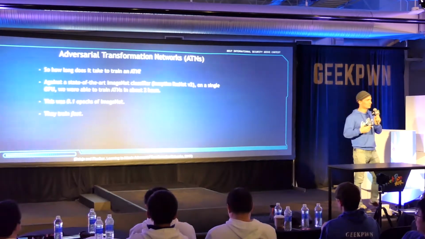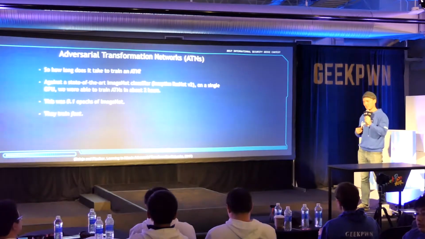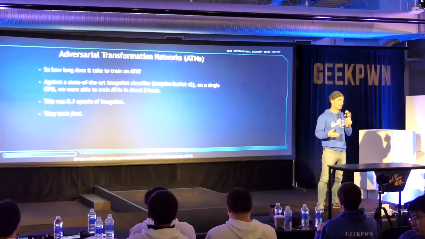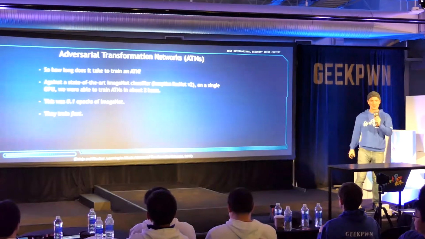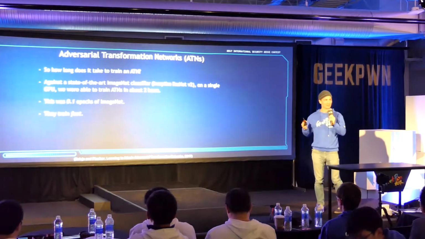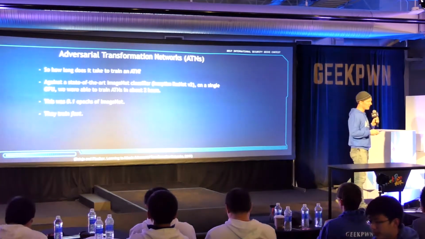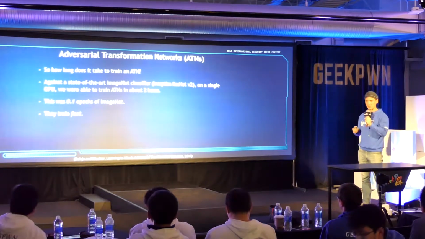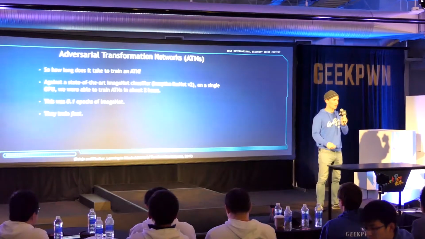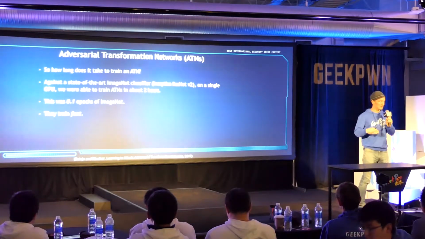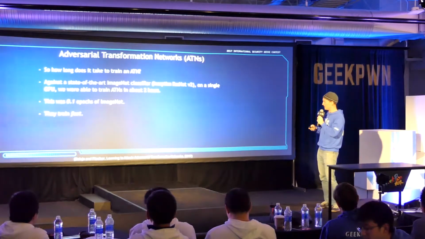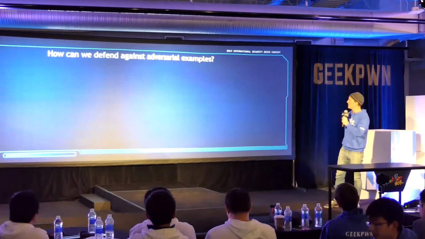In comparison, the Inception ResNet model itself takes about a week to train on many GPUs at the time. So 2 hours compared to a week, these things are very easy to train, which is because there's so much signal in the output layer of the network that you're attacking. The ATNs can learn to generate these images very easily.